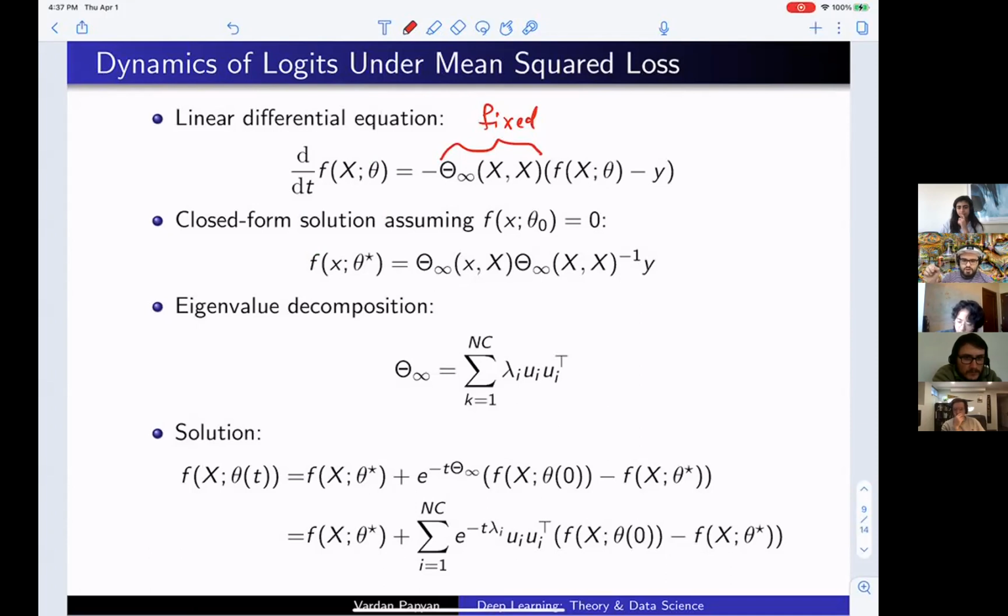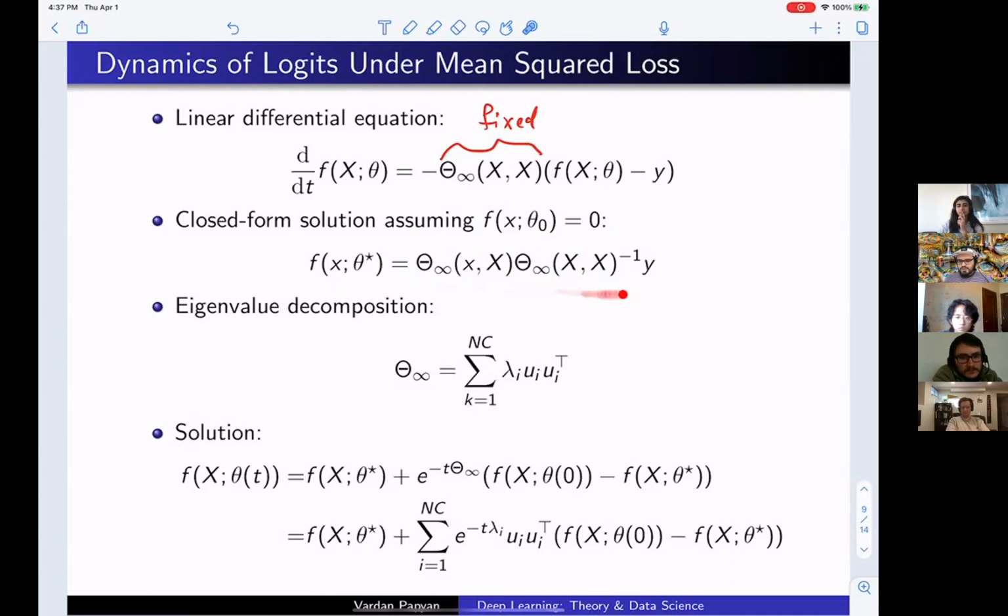You can just write the optimal solution. Assuming that you initialize the network so that the prediction at initialization is equal to 0, the closed form expression can be written as follows.